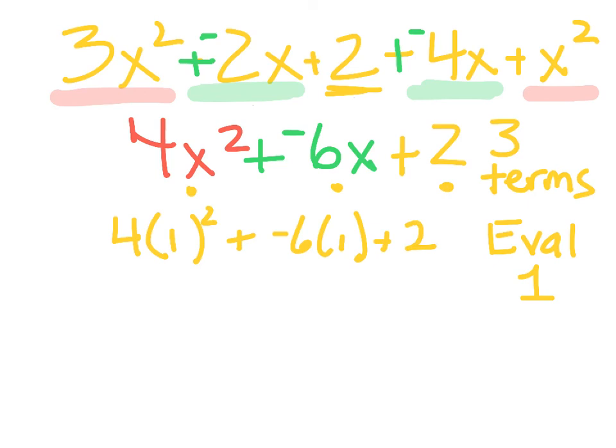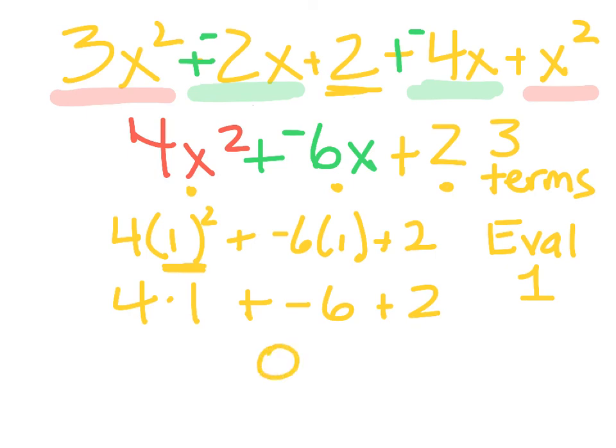And so then we would do the exponent first. 1 squared is 1, 4 times 1, negative 6 times 1 plus 2. 4 plus negative 6 plus 2, that works out to be 0.